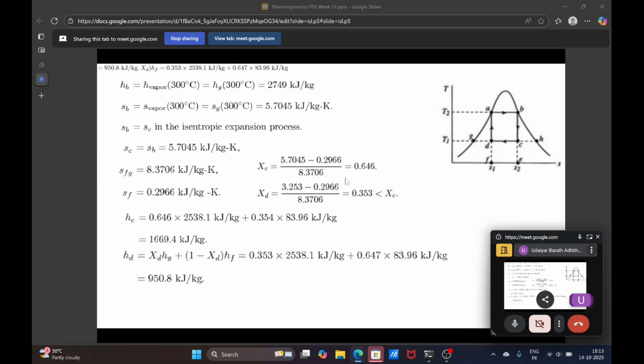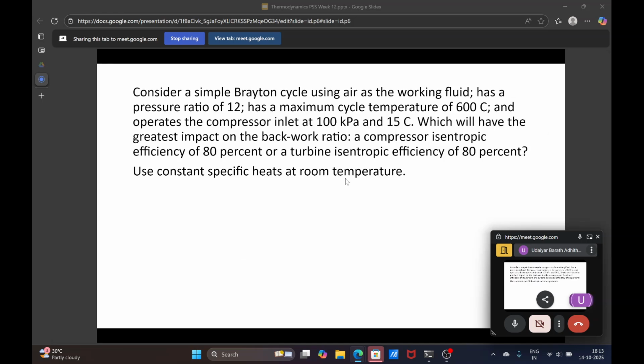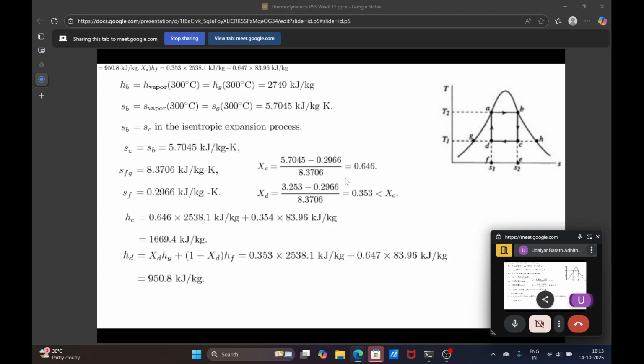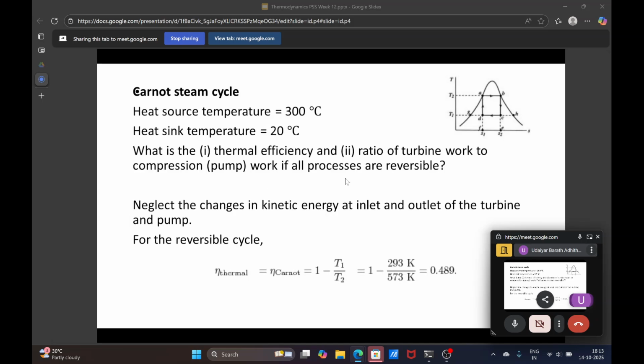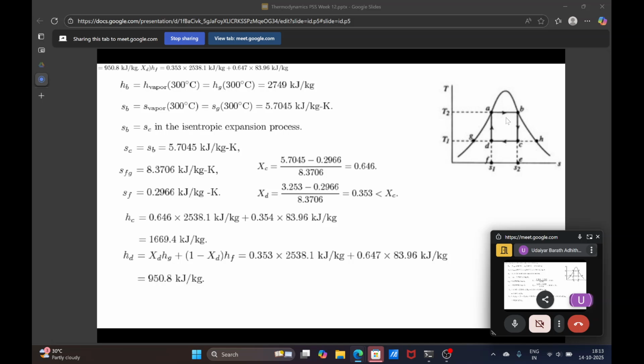What we can observe here is the net work and heat transfer happening for each of the processes is very large compared to the net work which will be generated out of the cycle. So each of the components will be very bulky in a Carnot cycle.